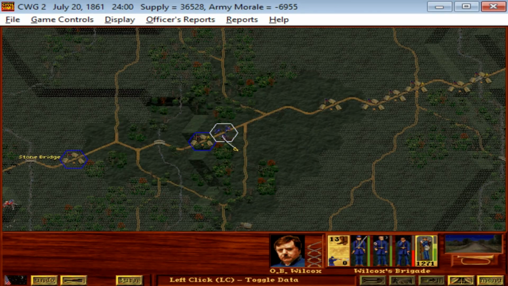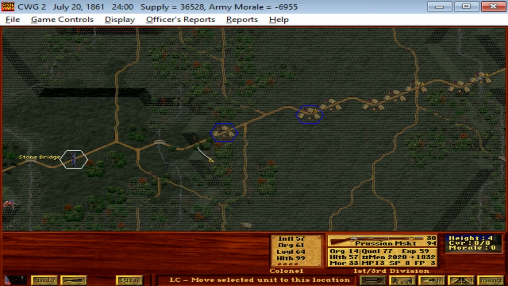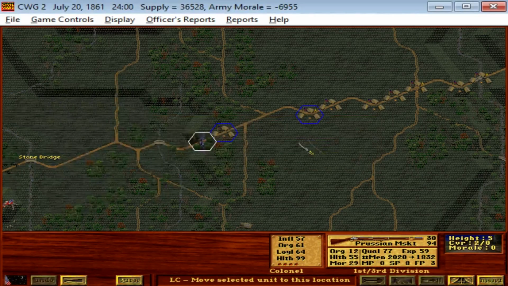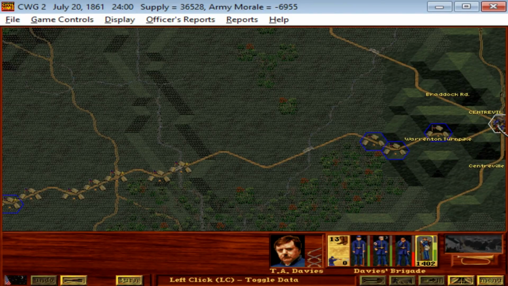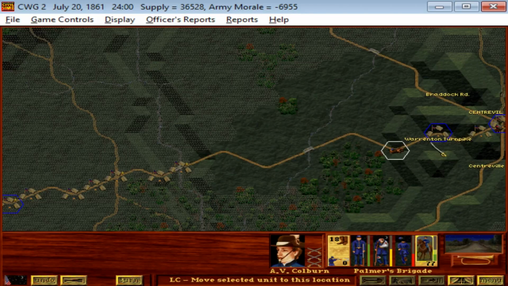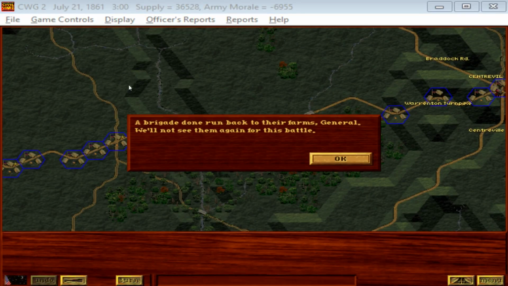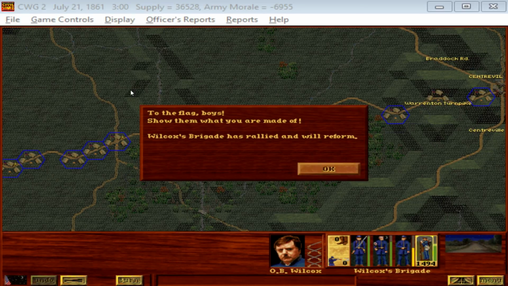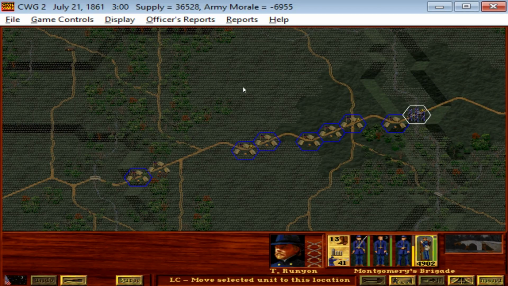And in this game, you can pull troops off the field by moving them all the way to the edge of the map, where there's a little wagon symbol that represents a supply depot or the edge of the map. And then if you move troops there, you can cause them to withdraw. And you lose victory points for doing so, but you can pull them off the map that way. And so you can see some troops are running off the map on their own, and some troops are running off the map because I tell them to.